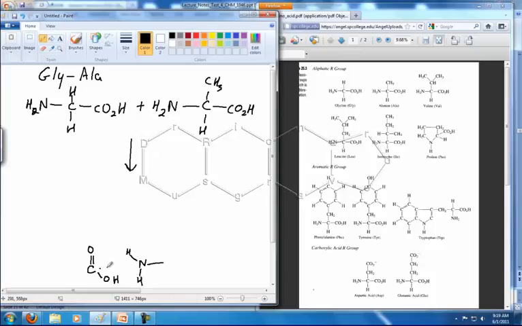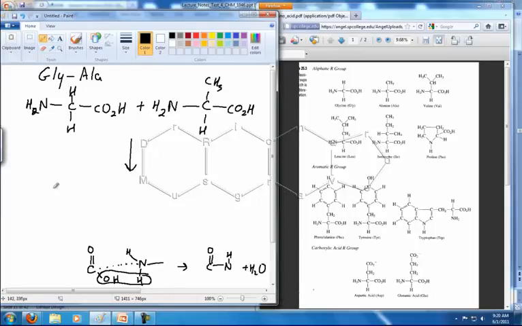So what's going to happen is the C and the N join together, and then the H and the OH will join together. That's what forms the water. So we lose the OH off the C double bond O, and we lose one of the hydrogens off the nitrogen. That leaves us with a peptide bond plus water.